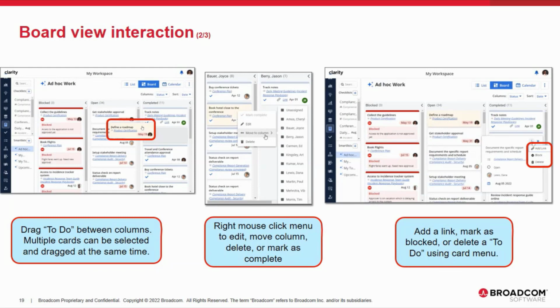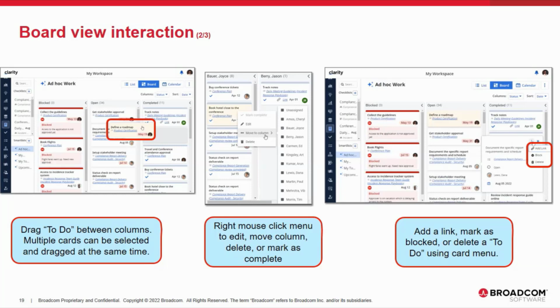You can drag and drop an individual to-do, or you can drag and drop multiple to-dos at the same time. Selecting multiple to-dos will be done using either the control key plus the click in Windows, or the command key plus click on Apple computers.